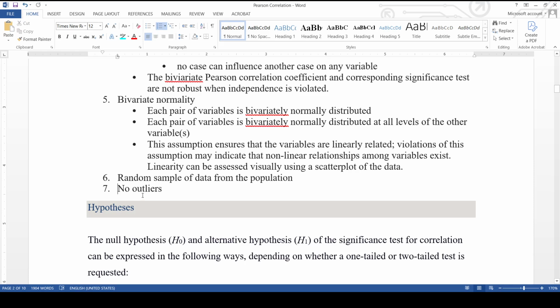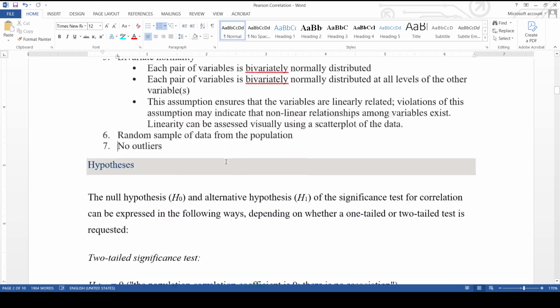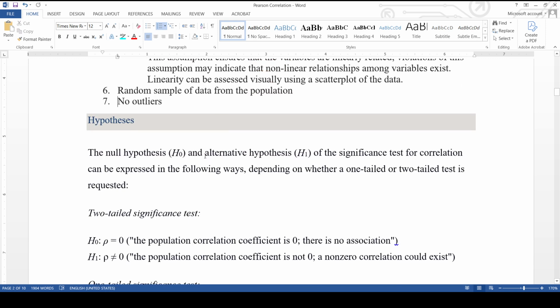The next one is that your variables have to be randomly selected. A random sample of data must be taken from the population. What do you mean by that? Every member of your population must have an equal chance of appearing. These are some of the conditions that you must follow when using correlation. And the last but not the least is that you must not have an outlier.